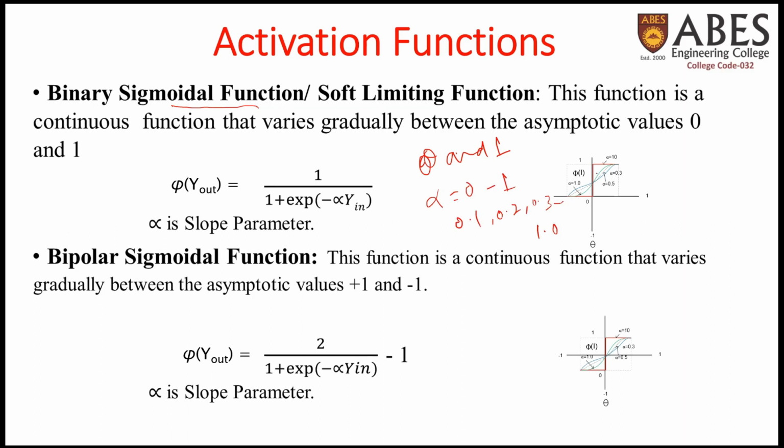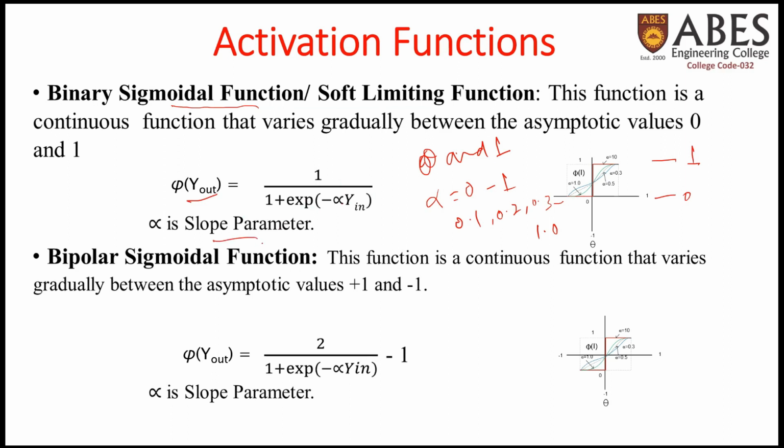So here is some slope that is used. This is binary sigmoidal, so values lie in between 0 and 1. The formula to calculate the final y output is 1 over 1 plus exponential of minus alpha yn.